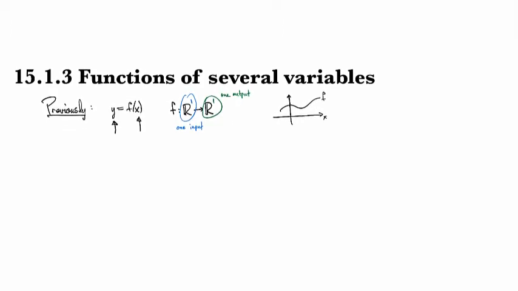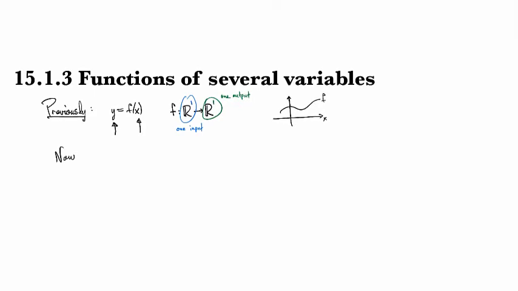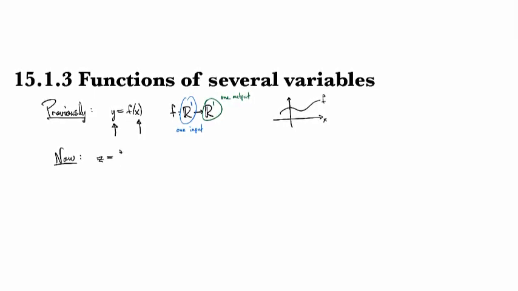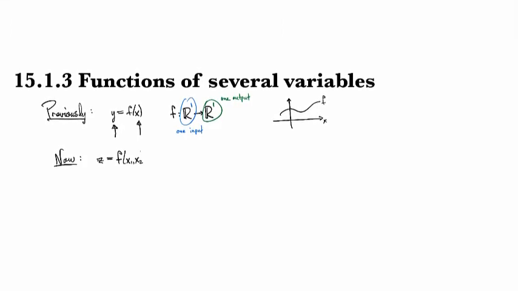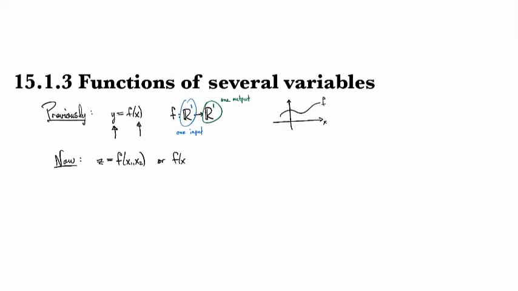Okay, so now we're going to look at something where maybe things are a bit different. So we might have that z is a function of x1 and x2, or x and y, depending on whatever notation that you're using at the time.